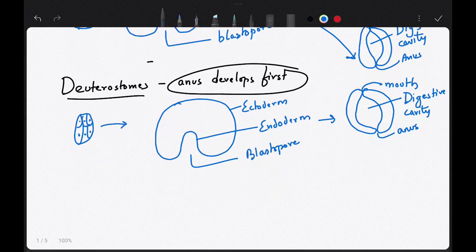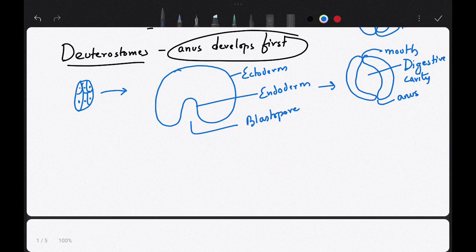Now, some examples of deuterostomes. Write it down: echinodermata, hemichordata and chordates. So this is the main difference between protostomes and deuterostomes. A question might come in your examination asking you to write the major differences between deuterostomes and protostomes.